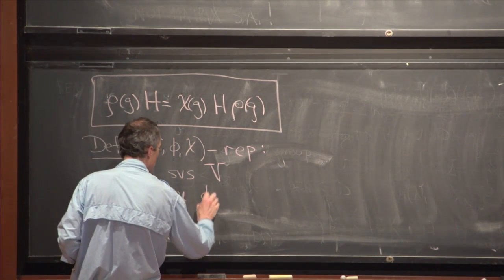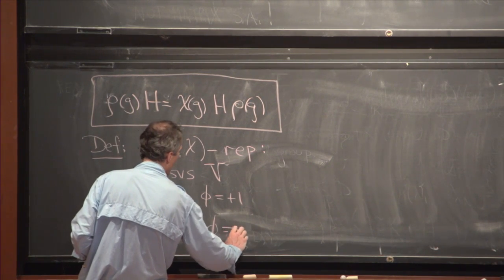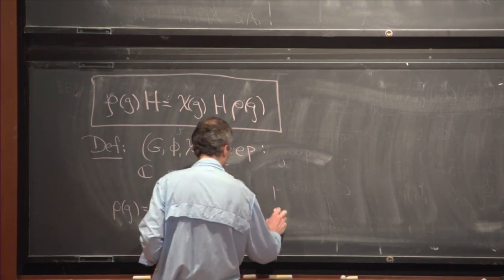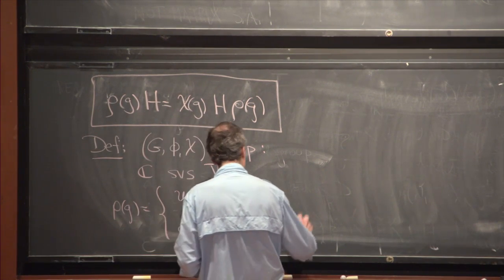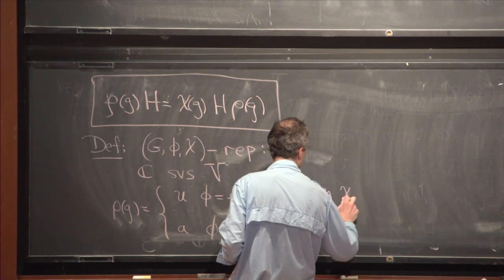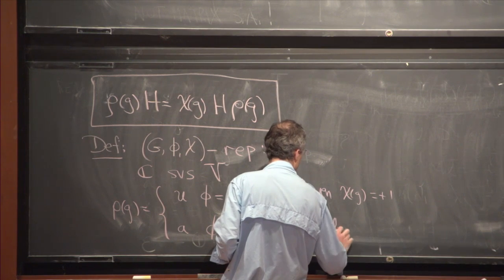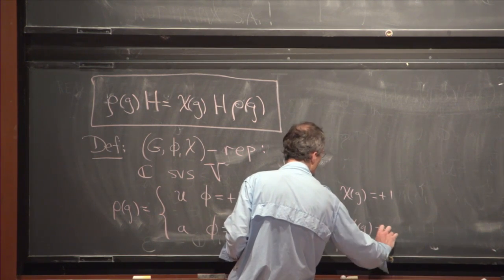So it's unitary if phi is +1 and anti-unitary if phi is -1. So we had that before. But now we add that it's even if chi of g is +1 and odd if chi of g is -1.